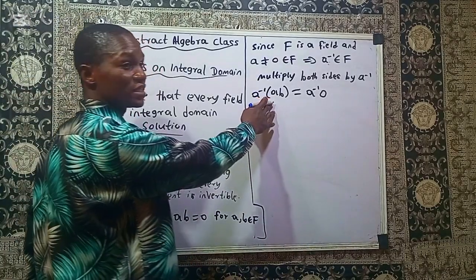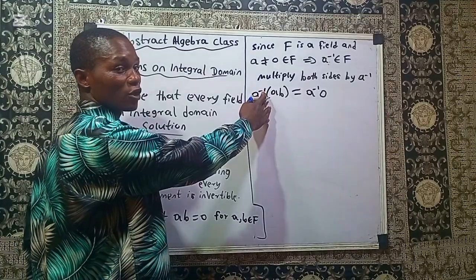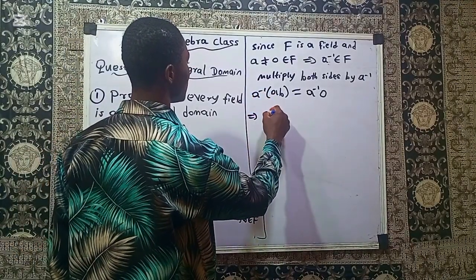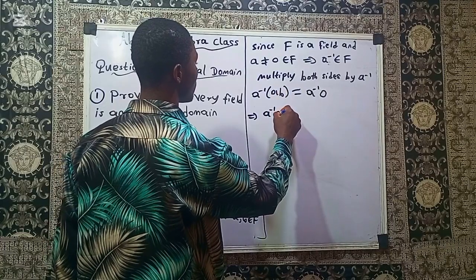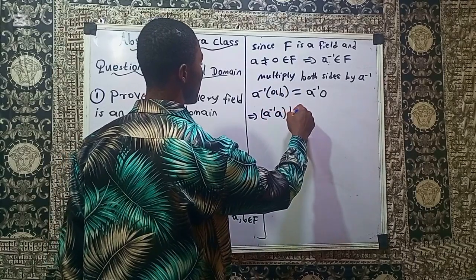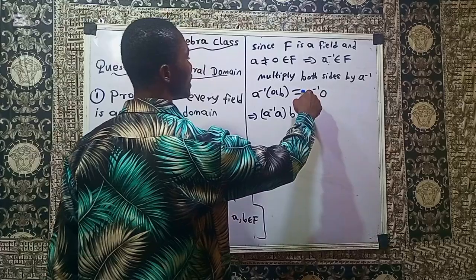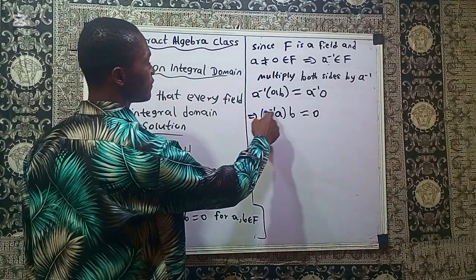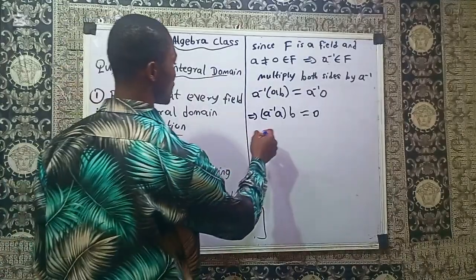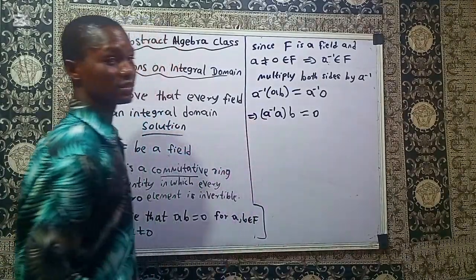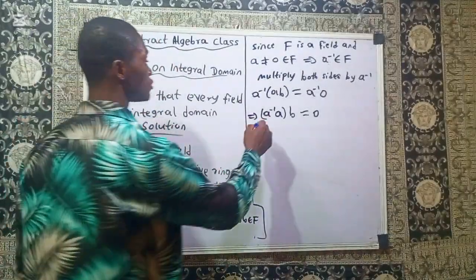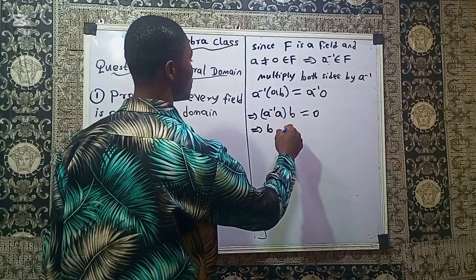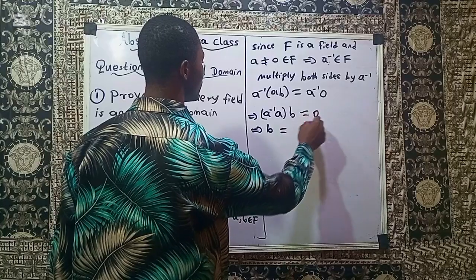By associativity, this implies a inverse times a, then times b, is equal to a inverse times 0, which gives 0. Now a inverse times a is 1, the multiplicative identity. So this remains 1 times b, which is b. And this b is equal to 0.